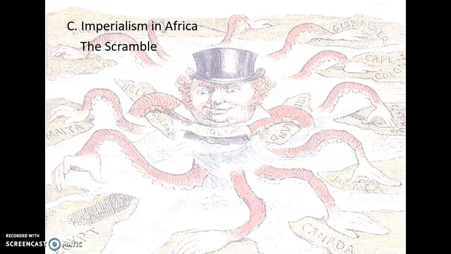If you look at page 429, it shows you a map of Africa, and it shows you the areas of Africa that were claimed and what countries claimed them. Let's briefly, just like we did with Southeast Asia, talk about the areas that were claimed by certain countries.